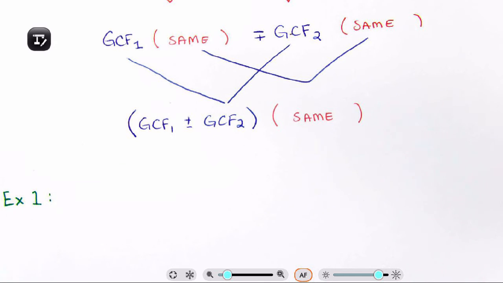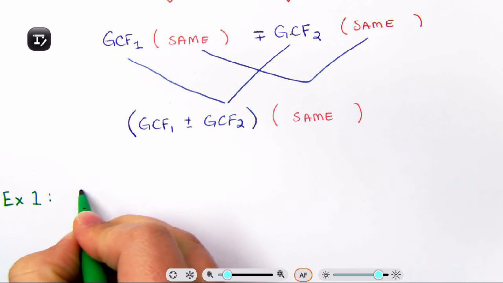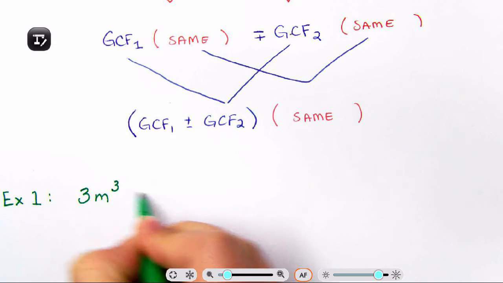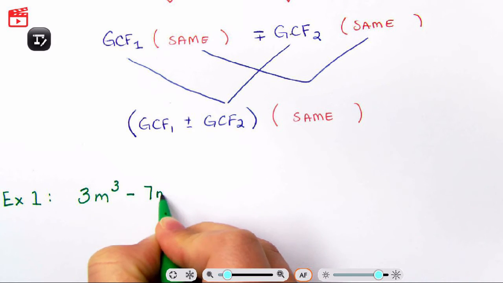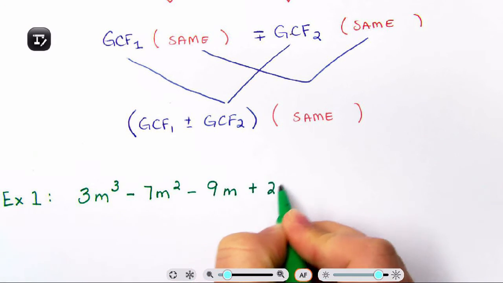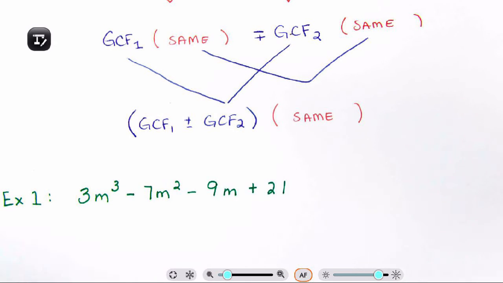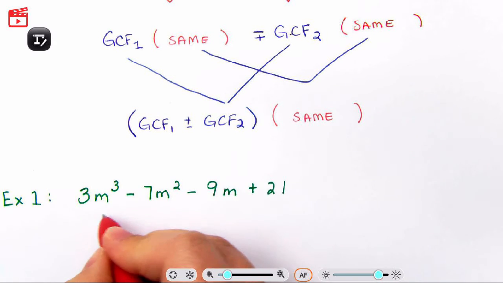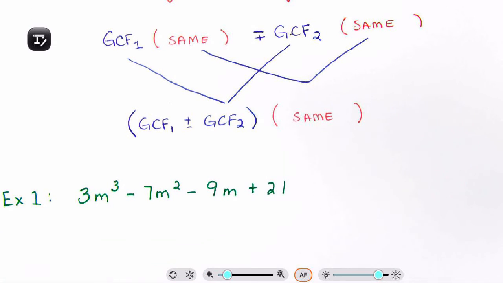For an example, let's do this one here. We have 3m cubed minus 7m squared minus 9m plus 21. So again, how are we doing this? We are going to group the first 2 terms, and group the second 2 terms.